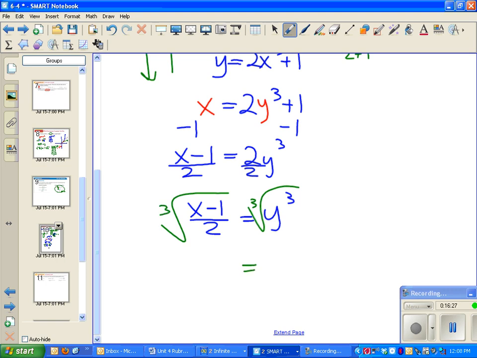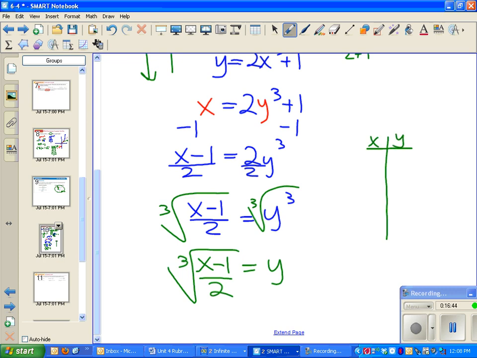So on this side we have y. On the other side we have our inverse, the cube root of x minus 1 over 2. Okay, so when we graph this, again, you just want to plug in some numbers. You're not necessarily going to know what's nice for it to work. So we could plug in 0.